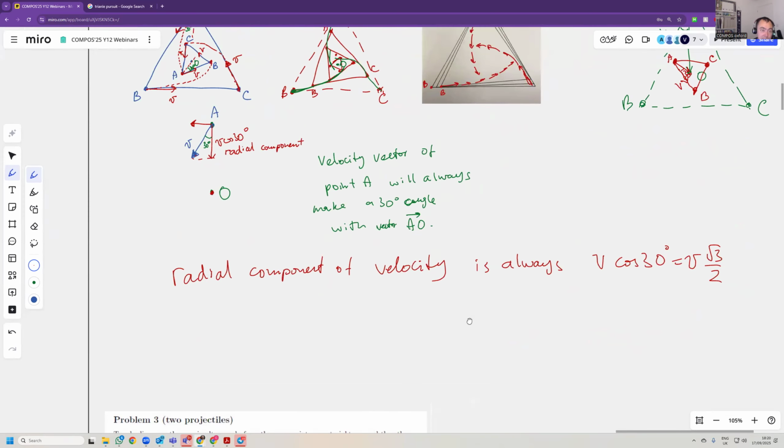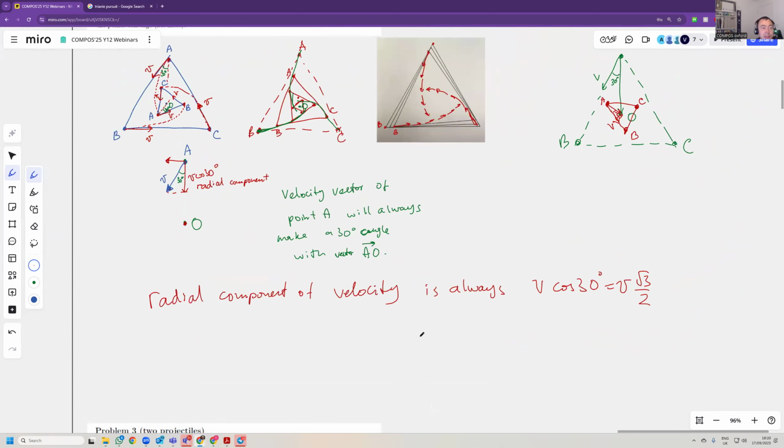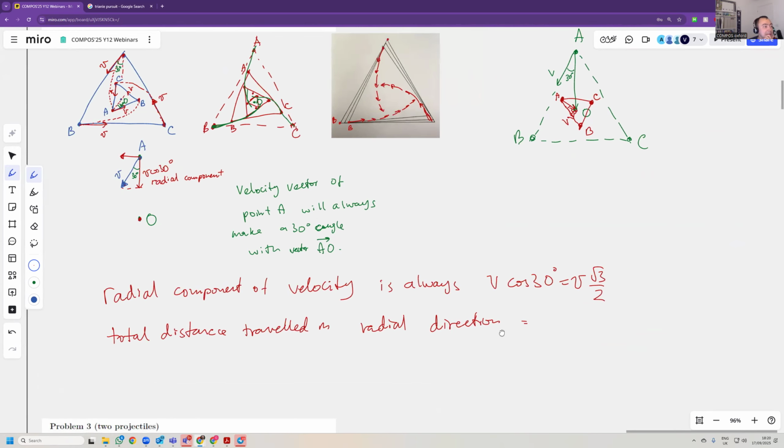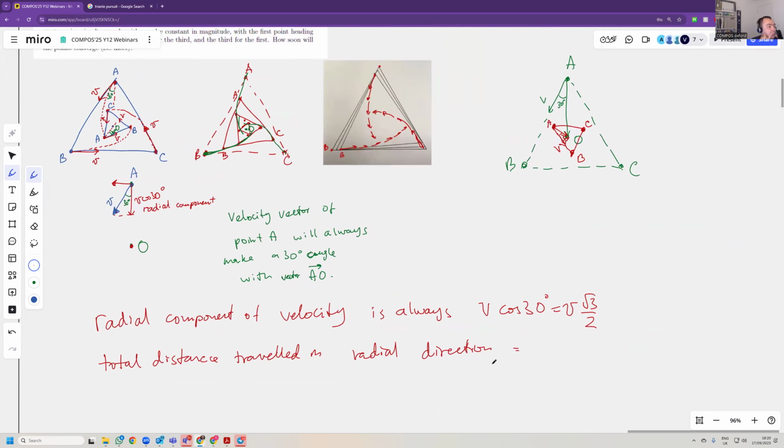And if the speed is constant, then to find the time, you only need to find the distance traveled. And the total distance traveled in the radial direction is the length of AO, which is AO original.